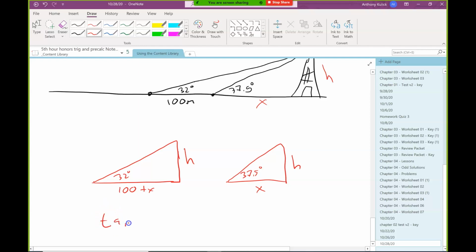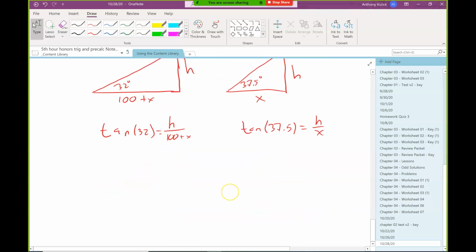So for this first triangle, I can say that tan 32 is equal to opposite over adjacent. And for this triangle, I can say tan 37.5 is equal to opposite over adjacent.